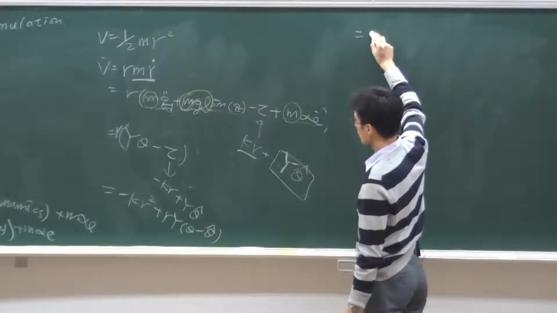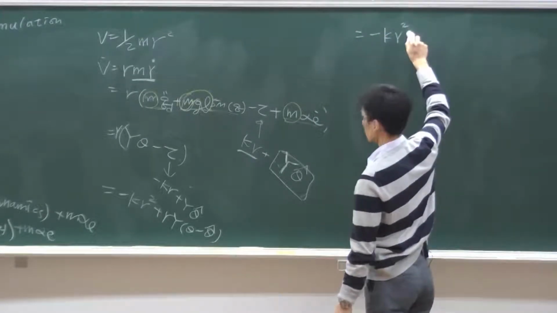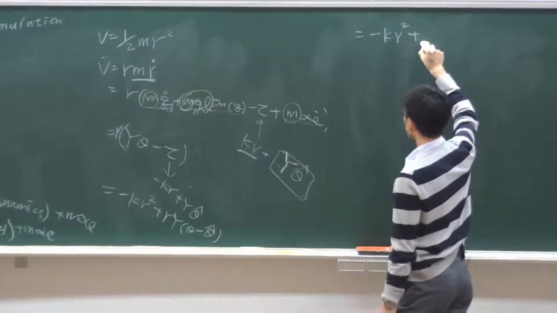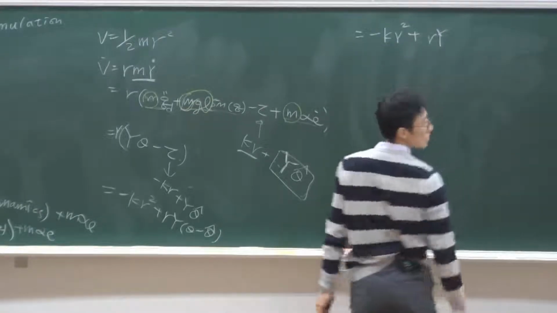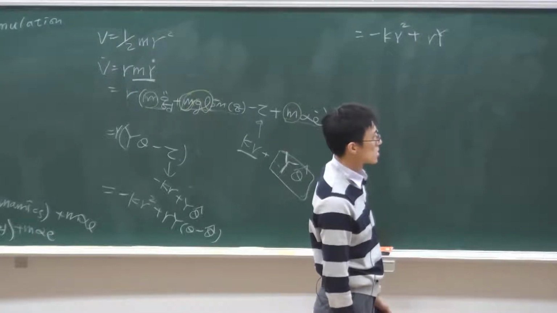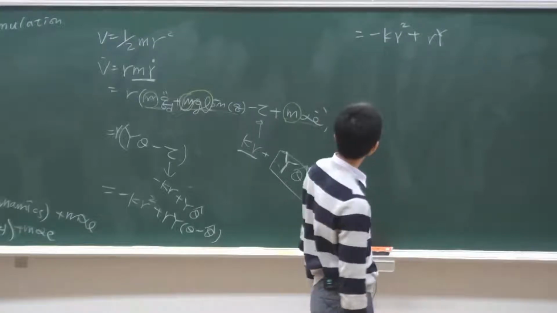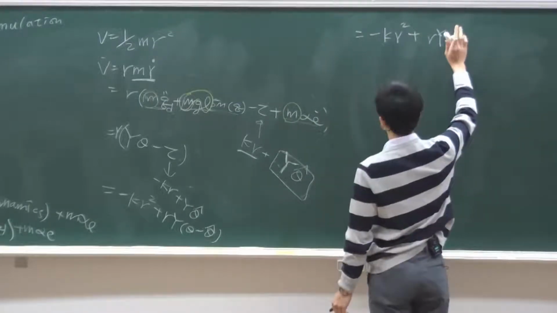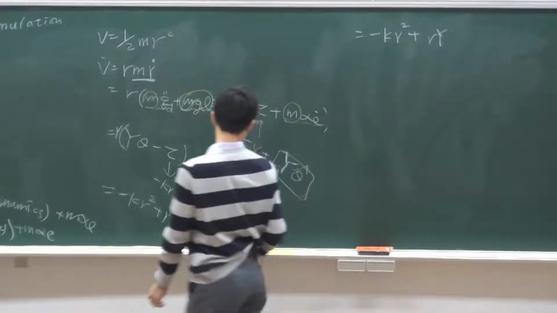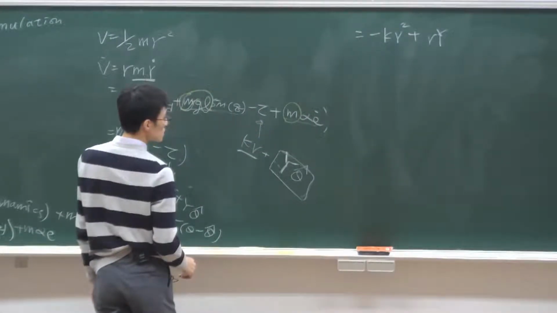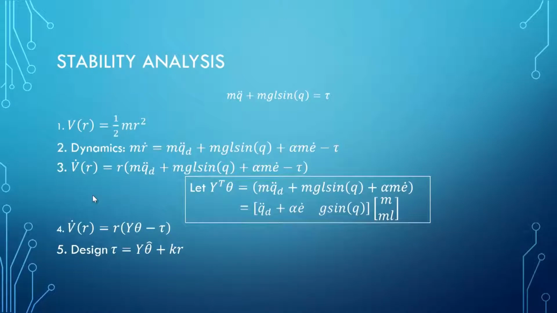So that gives me minus kr squared plus r Y. So here's Y transpose, okay? Y and theta are column vectors, so Y transpose will be a row vector.